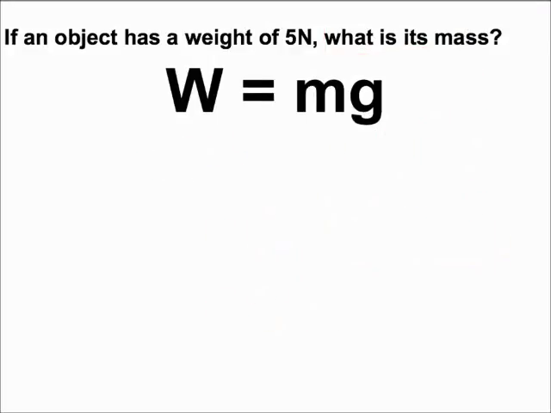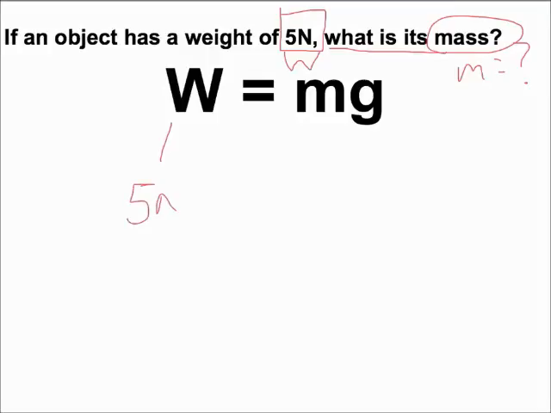Let's try another one. In this example, an object has a weight of 5 newtons, and it's asking, what is its mass? So 5 newtons is the weight, and this is asking, what's the mass? Let's plug in what we know. The weight is 5 newtons. We don't know the mass, so we'll leave that, and little g is 10 meters per second squared.